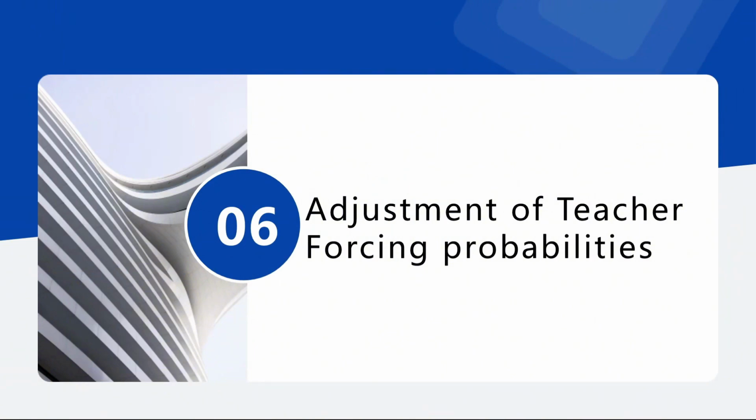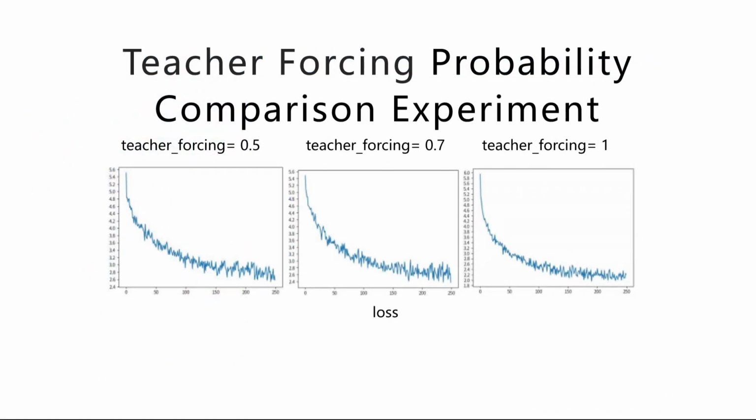Finally, I conducted comparative experiments on the teacher forcing probability. The probabilities tested were 0.5, 0.7, and 1. From the loss graph, the lowest loss was achieved when the teacher forcing probability was 1.